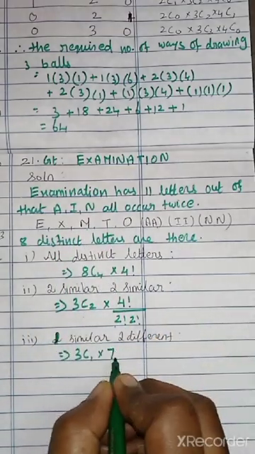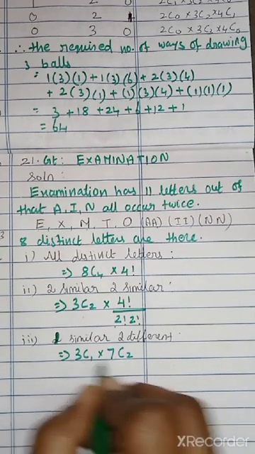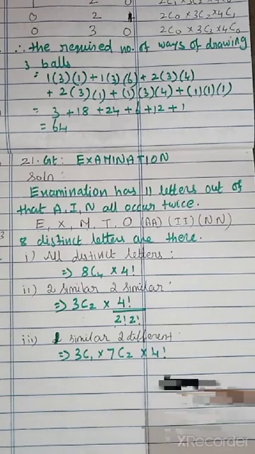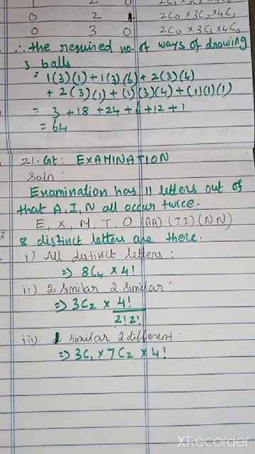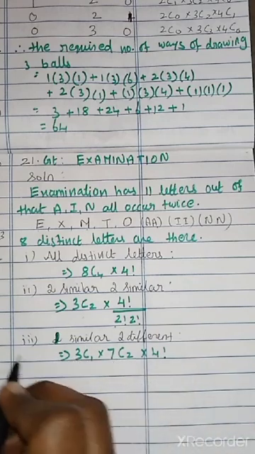So out of 7, I have to choose 2. So 3C1 into 7C2 into 4 factorial, which means 4 different ways we can arrange those 4 letters. And that's all: all distinct, 2 similar 2 similar, and 1 similar 2 different.